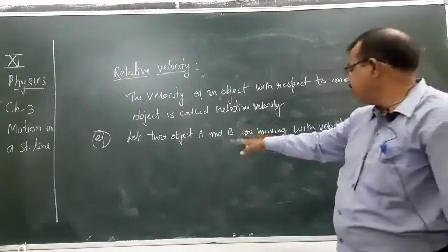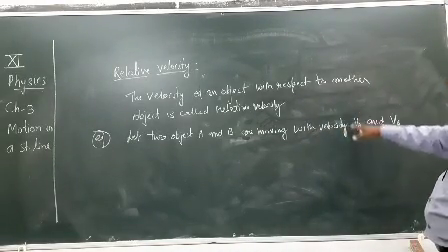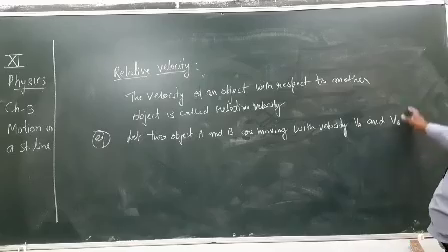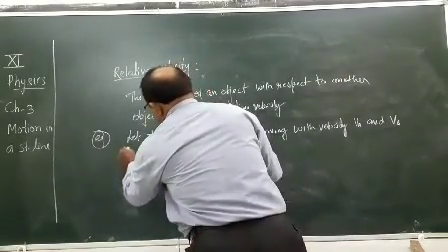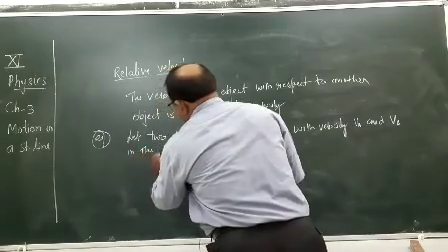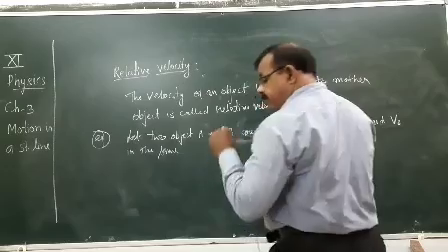VA is the velocity of the first object and VB is the velocity of the second object in the same direction. Direction may be different, but here I am taking the same direction.